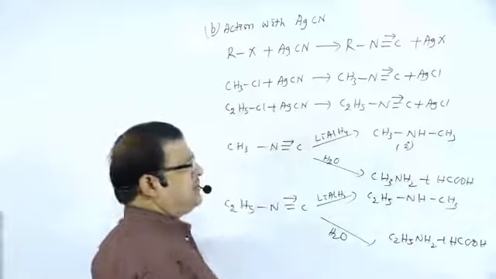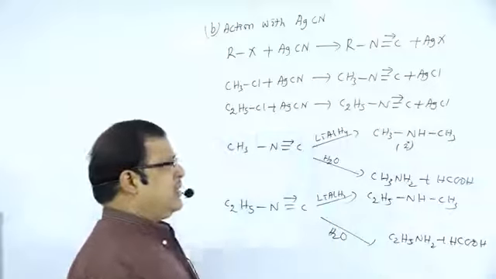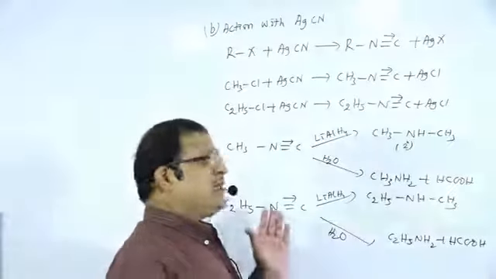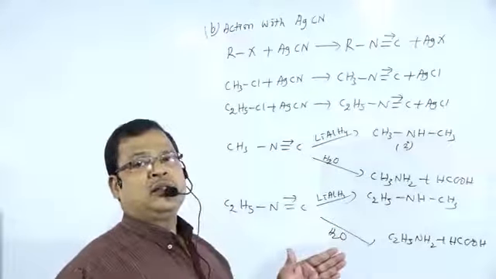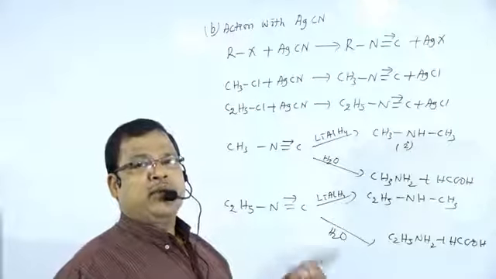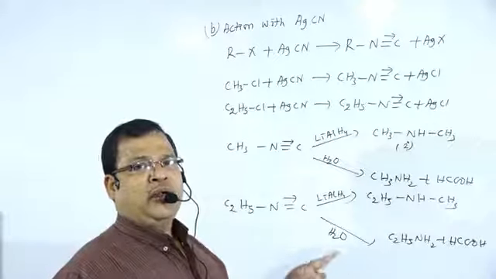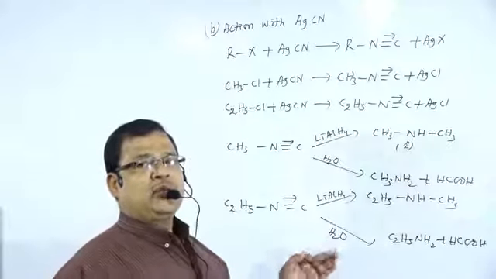Mark the difference. We have explained alkyl cyanide undergoes reduction to form primary amine, hydrolyzes in presence of base to form acid amide, and complete hydrolysis forms carboxylic acid.